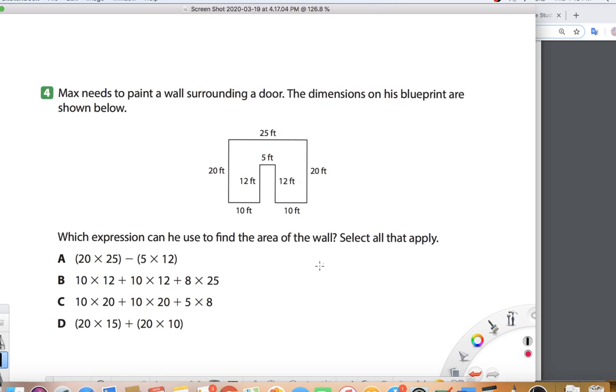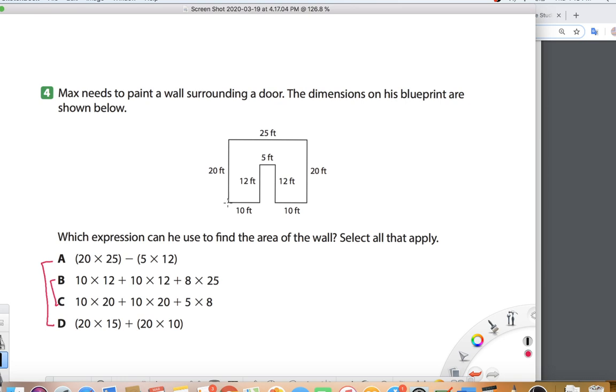Now it says, which expression can you use to find the area of the wall? If you notice, A and D and B and C are kind of looking the same for the answers. So first I'm going to look at A and D. A and D have something times something minus something times something.